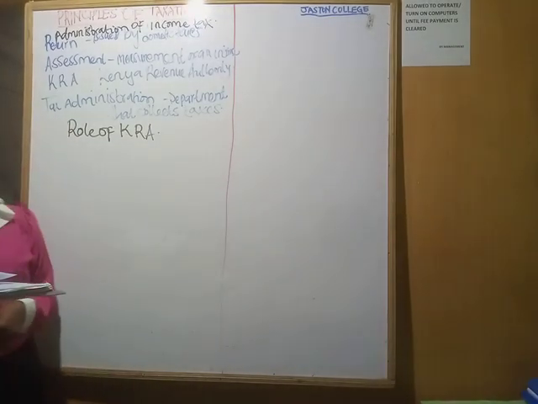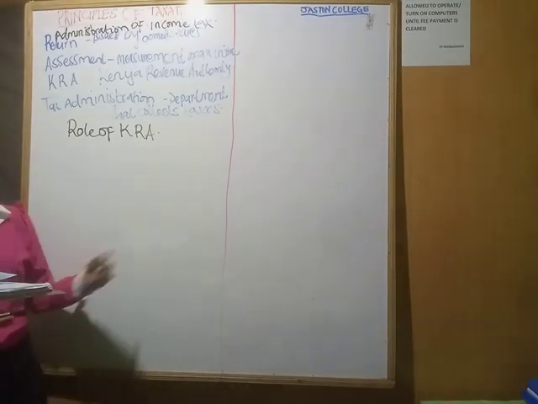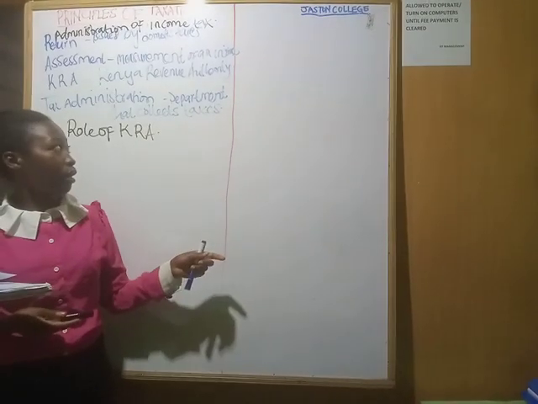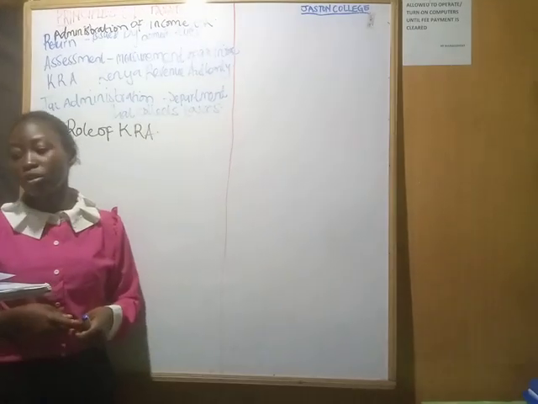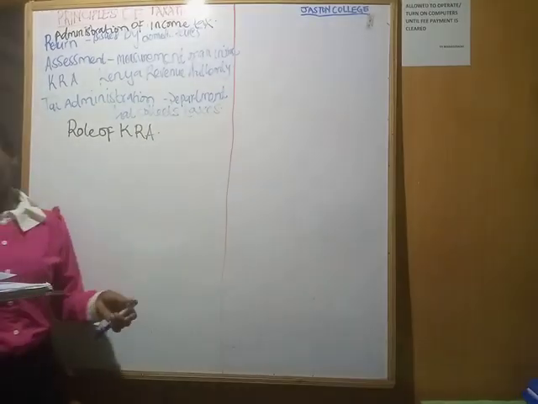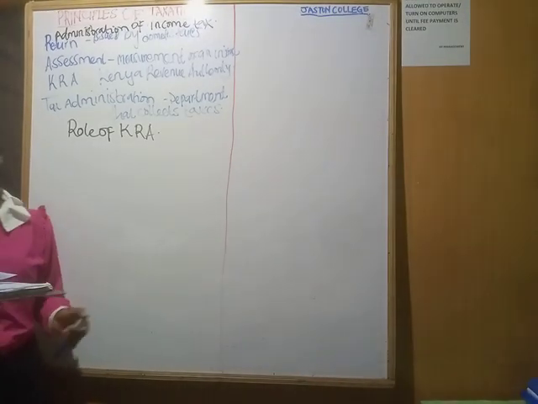You may find that a KRA employee might go ahead and be corrupt and make some businesses not pay taxes. So the role of KRA too is to make sure that there is eradication of corruption.